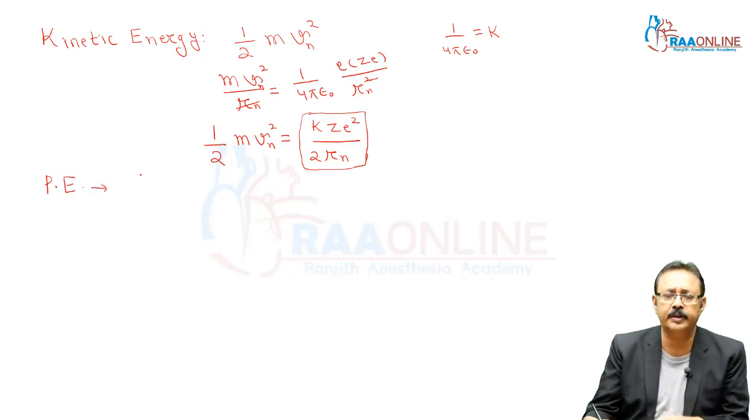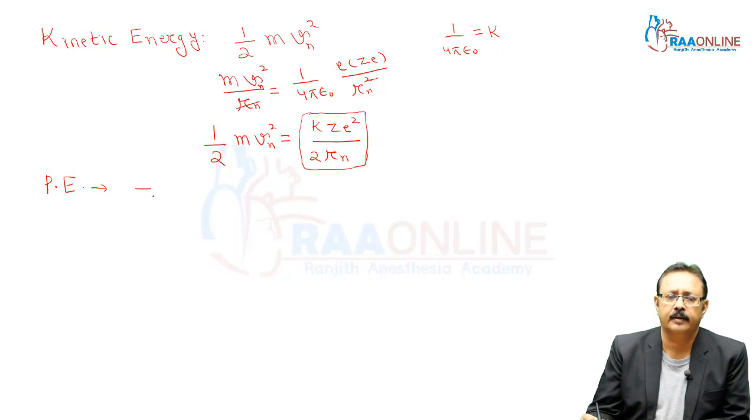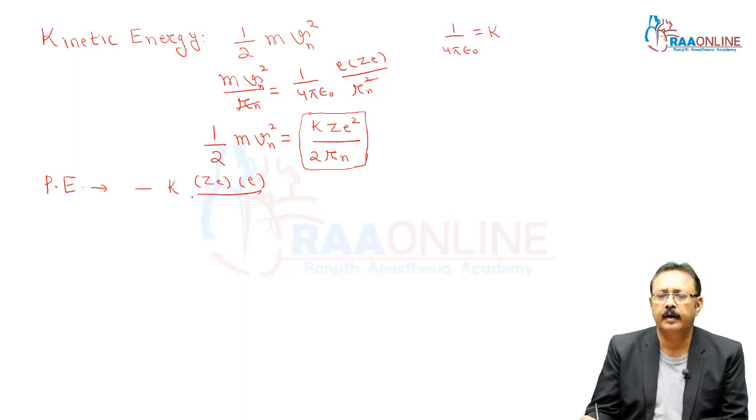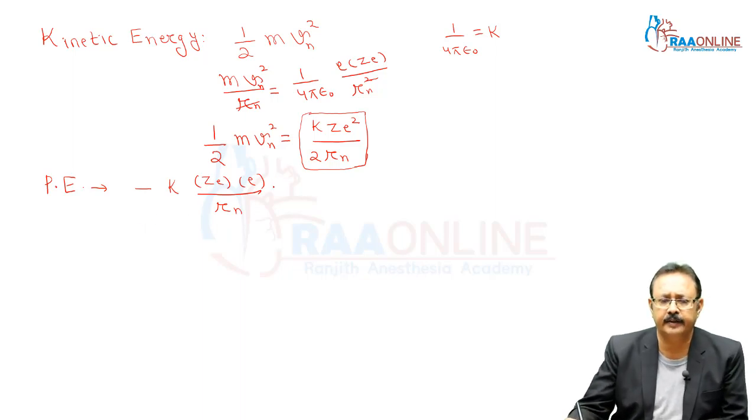You know the potential energy formula: minus 1 upon 4 pi epsilon naught q1 q2 by r. What are we getting? Same thing, only a difference of 2.